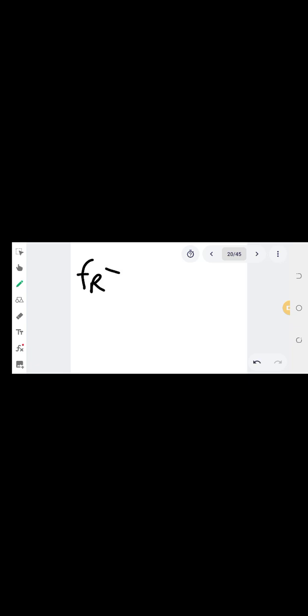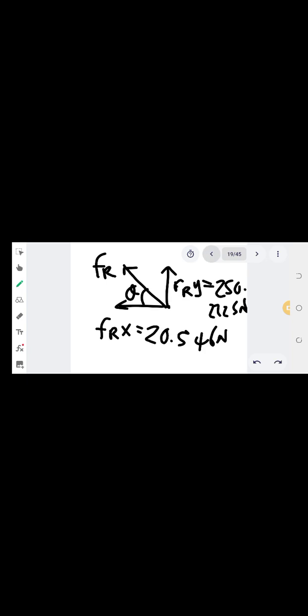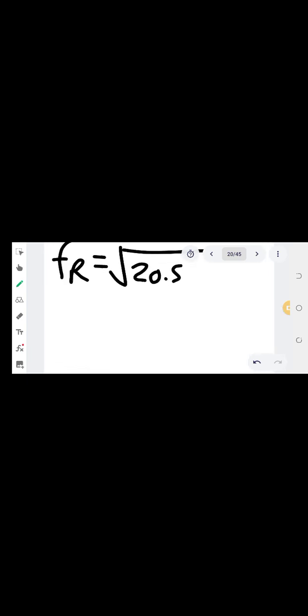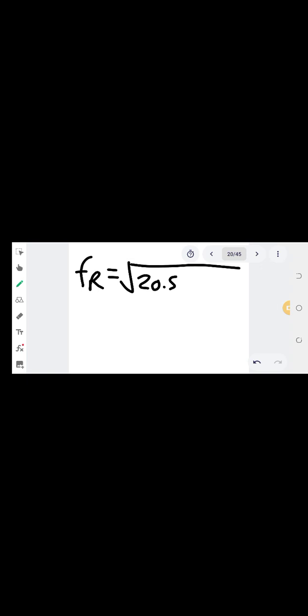So in this case, to come up with the resultant force, we are applying Pythagoras theorem. So using Pythagoras theorem, I'll just put 20.55 squared plus 250.22 squared.